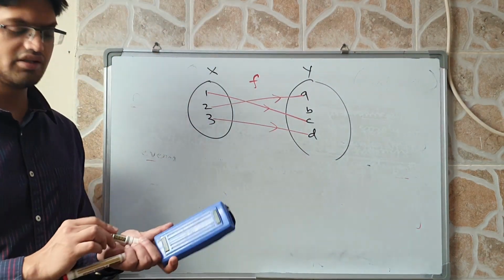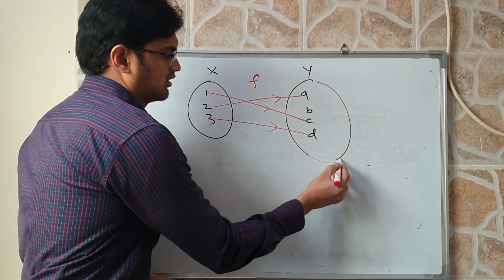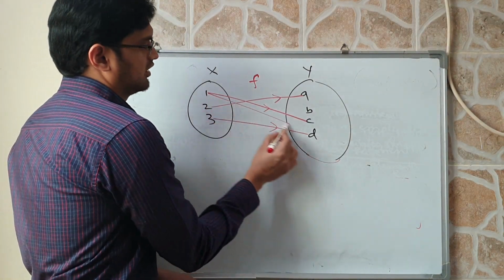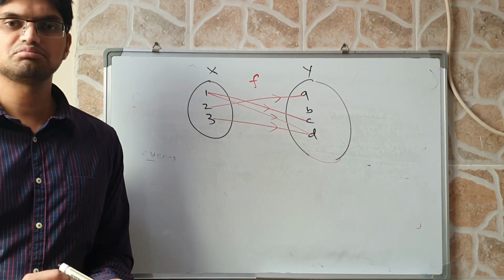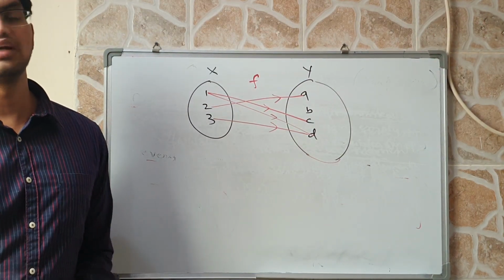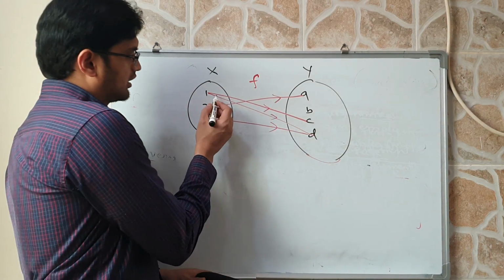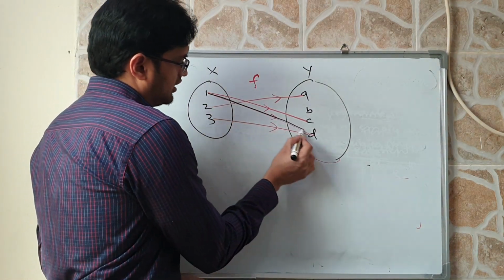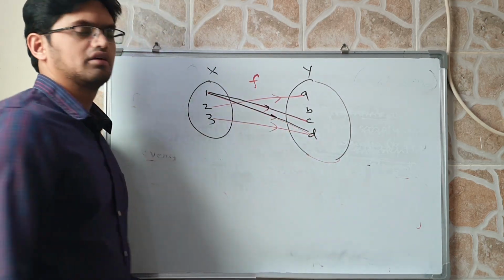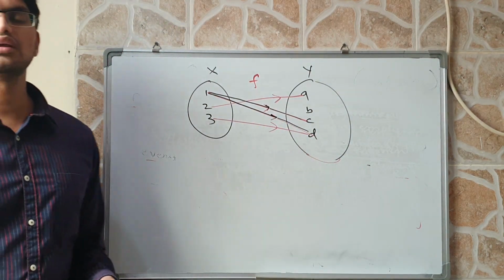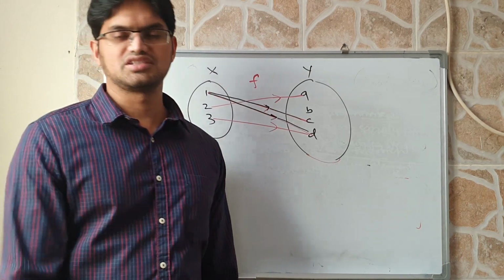After knowing that f is a function, let us take some more examples. Suppose in the same example, 1 is also associated with D. Now do you think it is a function? No, it is not a function. Why? You see clearly 1 is associated here and also 1 is associated here. How many elements is 1 going to associate with? 2 elements.